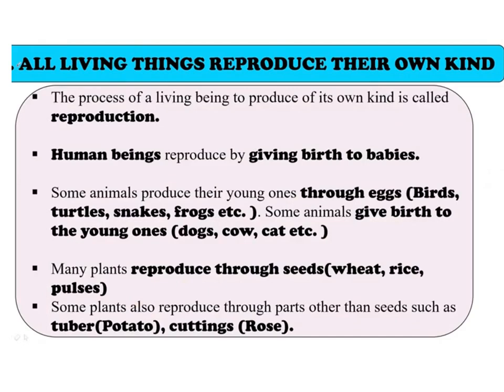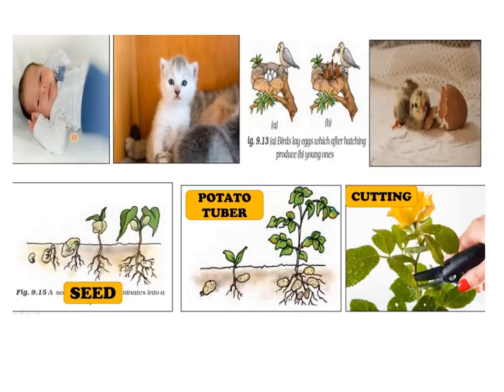Now let's see the pictures of this. Now you can see here the picture of a baby of human being, baby of cat, that is kitten. The next picture is taken from your book, picture 9.13: birds lay eggs which after hatching produce the young ones. And another picture is also there. Then we come to reproduction in plants.